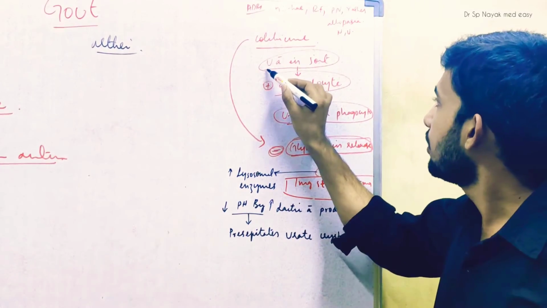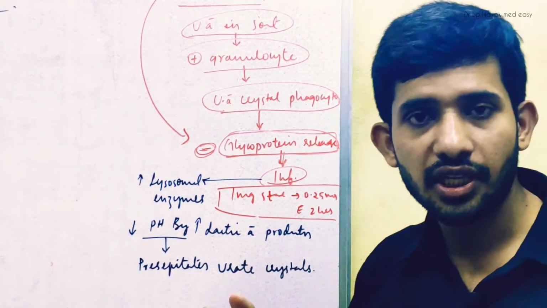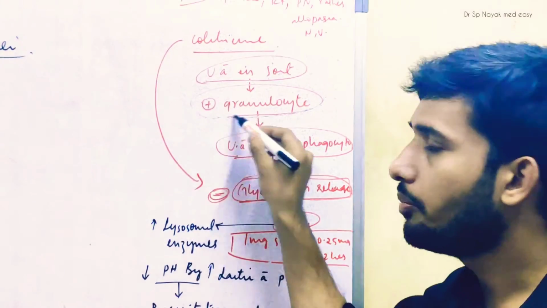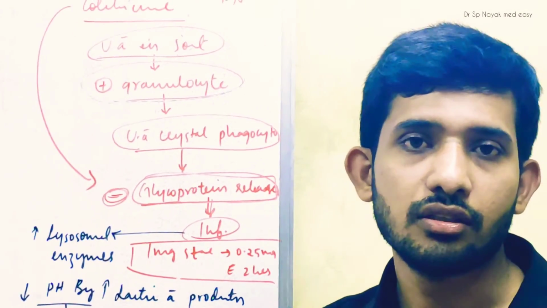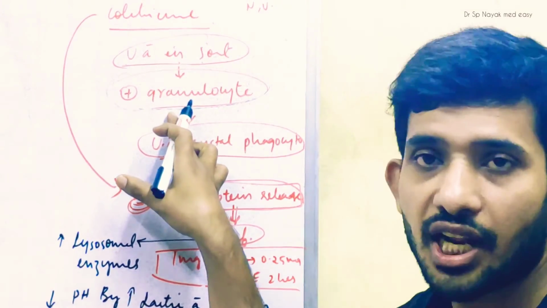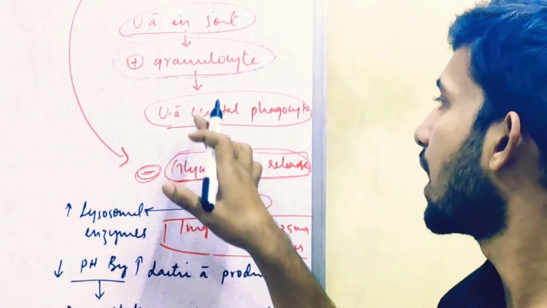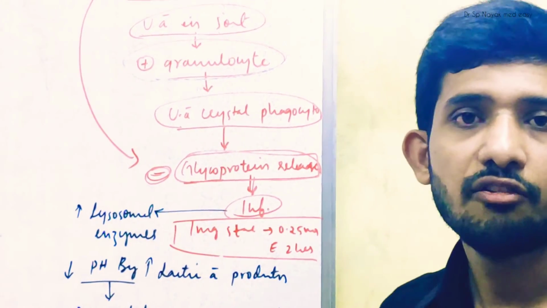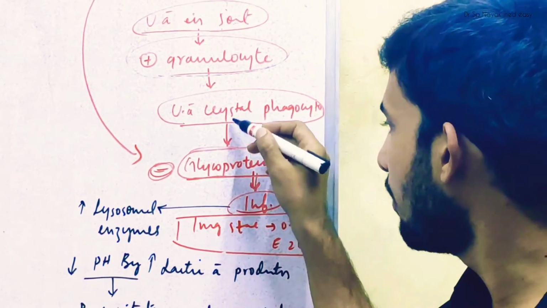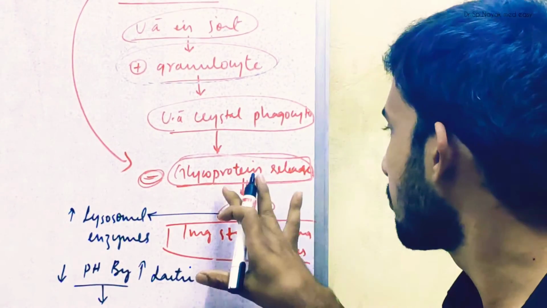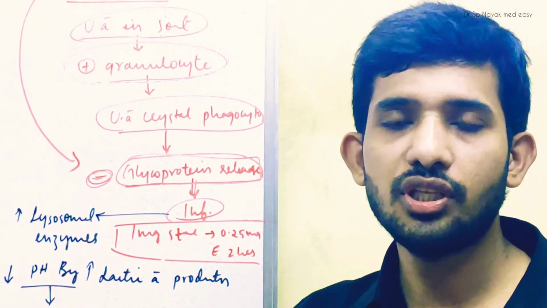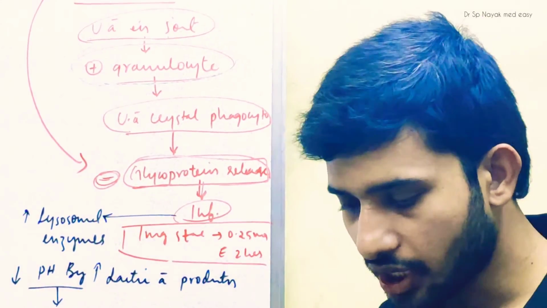When uric acid is accumulated in the joint, granulocytes are first activated, and by their activation, phagocytosis of urate crystals occurs. By the phagocytosis, some glycoprotein will be released into the joint. The glycoprotein release is very important.